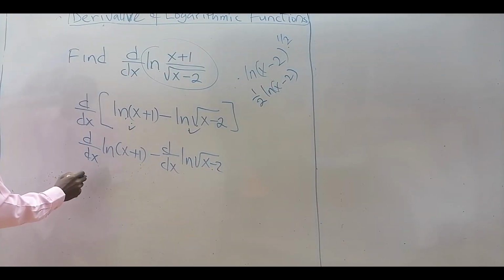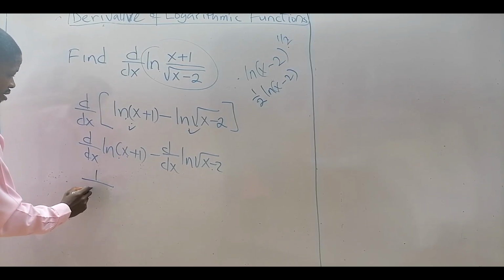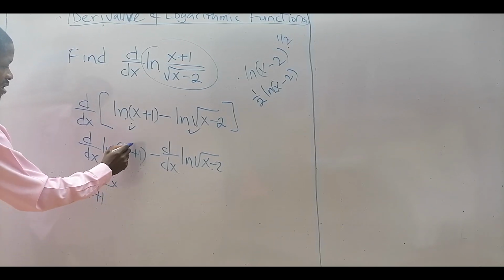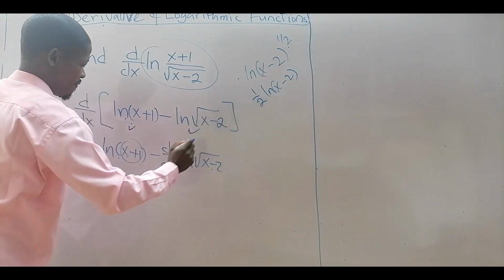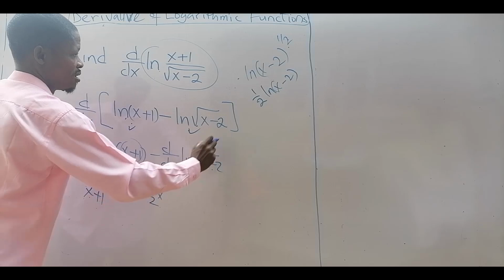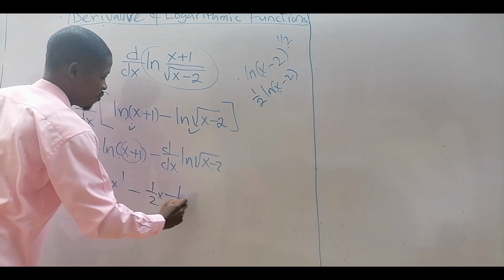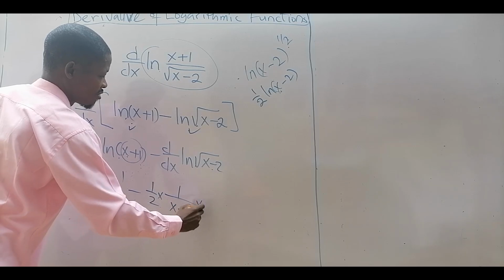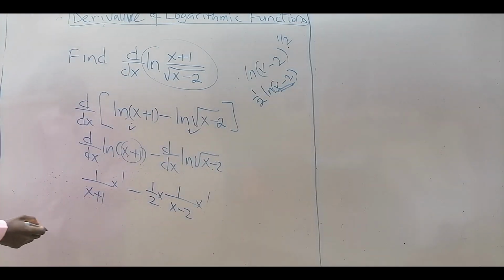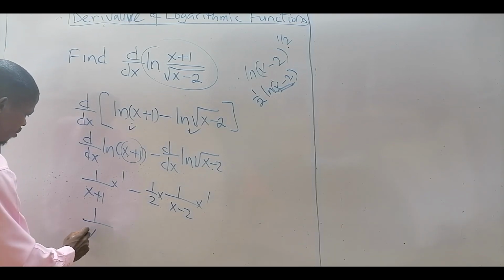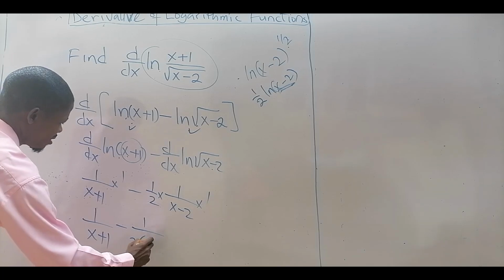So the derivative of the first term will be 1 over the inner function, x plus 1, times the derivative of that function, which is 1. Then minus half times the derivative of the logarithm function, that's 1 over x minus 2 times the derivative of the inner function, which is 1. That will be equal to 1 over x plus 1 minus 1 over 2 times (x minus 2).